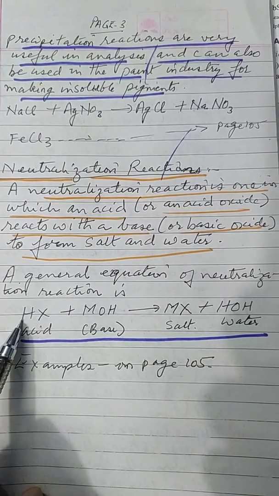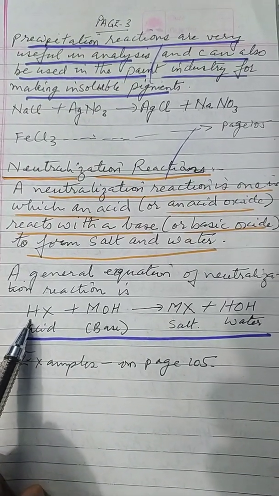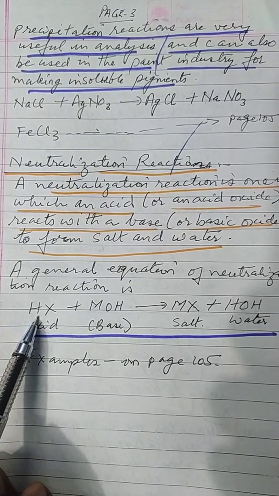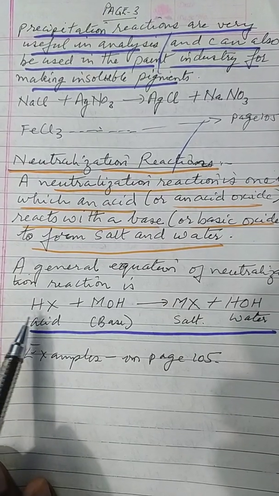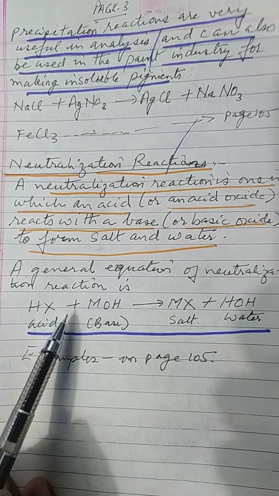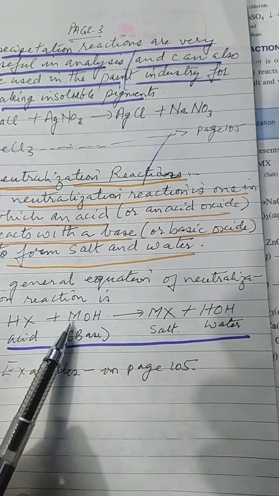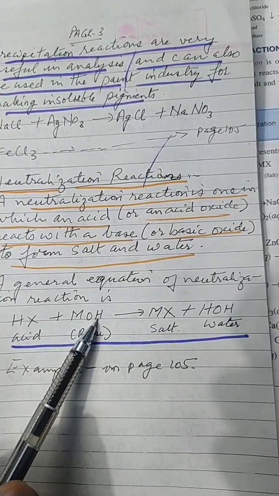We see an acid HX here because acids start with H, like hydrochloric acid, like sulfuric acid H2SO4, like nitric acid HNO3, nitrous acid HNO2. And the base is MOH. A base is formed with a metal like sodium hydroxide, potassium hydroxide.